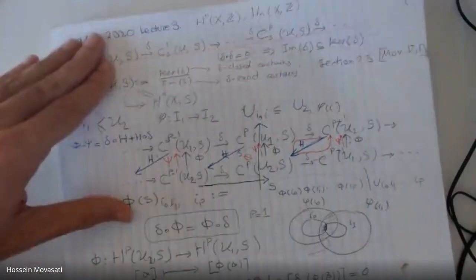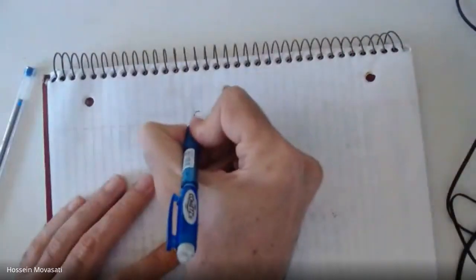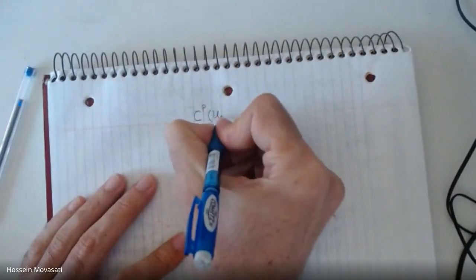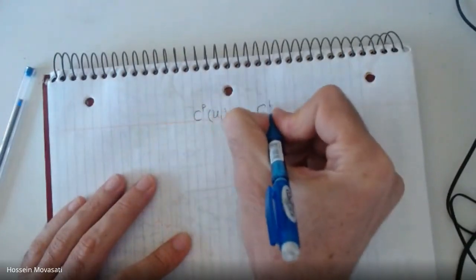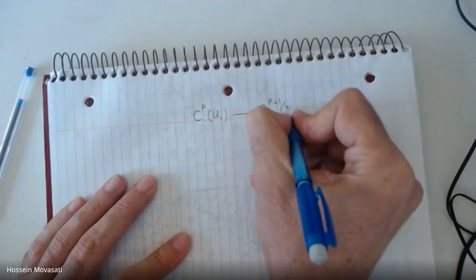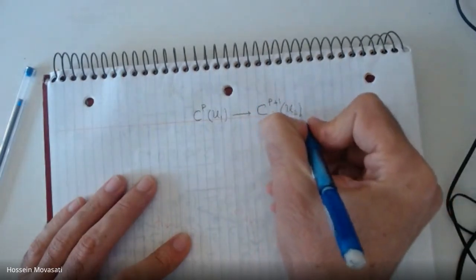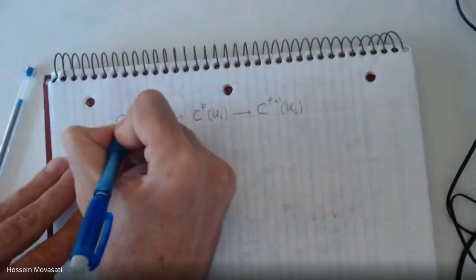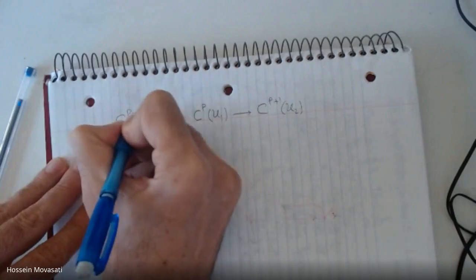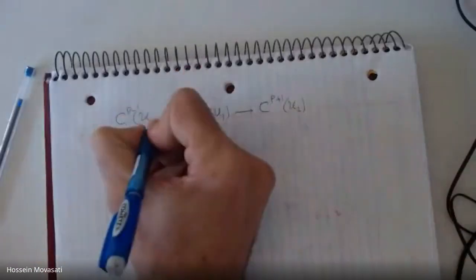So let's make the picture again. C^p of U1, C^(p+1), C^(p-1), so it was from U1.